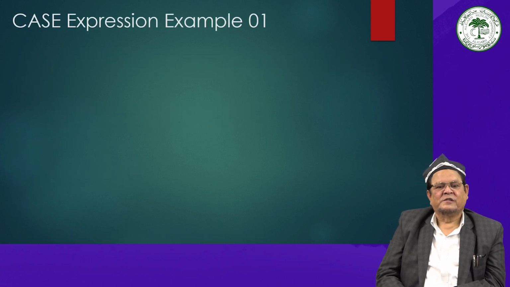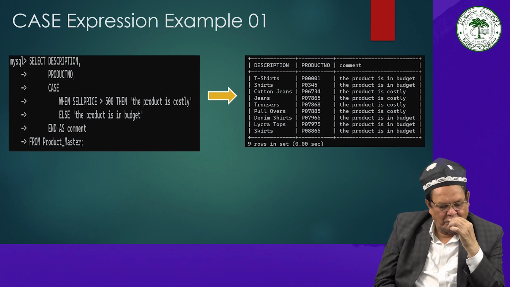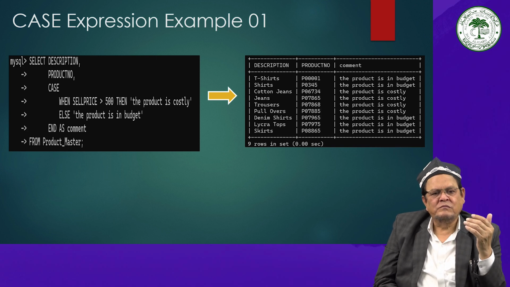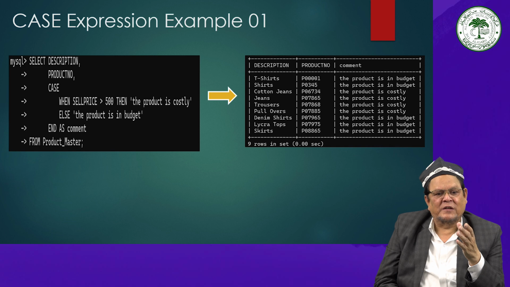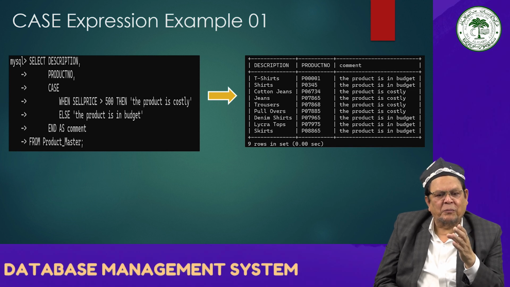See here, I am taking one example for the CASE expression, which I have used in MySQL. Select description and product number, CASE WHEN sale price is greater than 500 THEN the product is costly, ELSE the product is in budget.